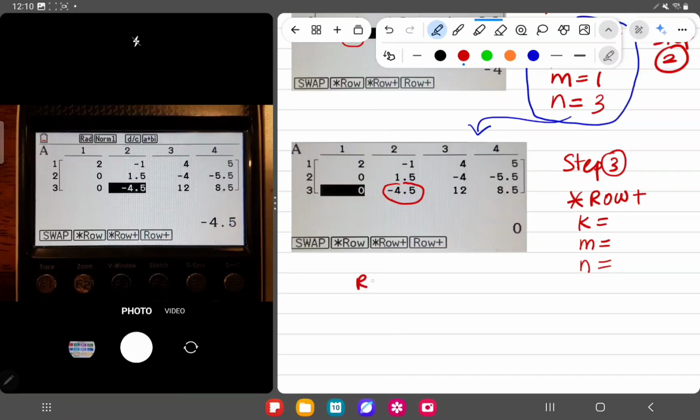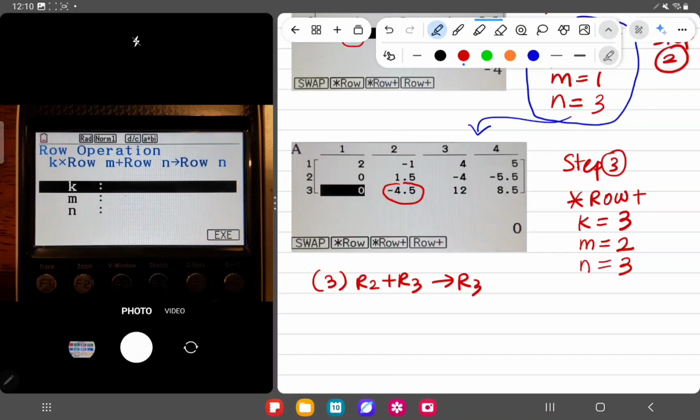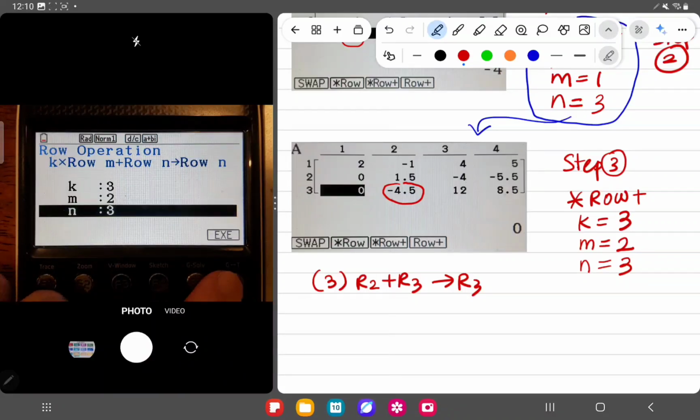Okay. Row 2, multiply by 3, add to row 3, new row 3. So k is 3, m is 2, n is 3. Enter this into the calculator. Execute.